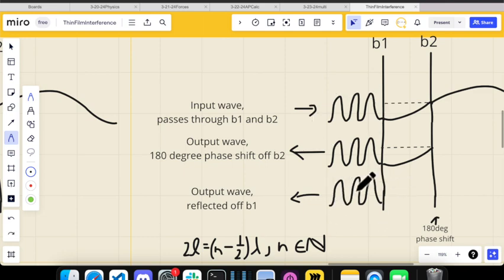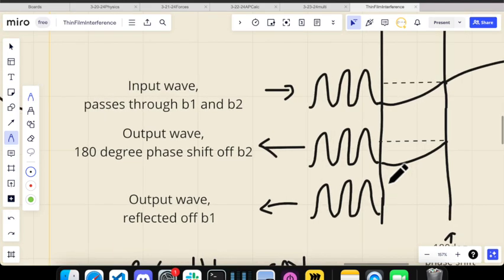It's traveling to the right, down, and if we were to keep traveling, it'd be going up and to the right. But instead of going up and to the right, now it's going to be going up and to the left. And so we get the same waveform. If we want it to constructively interfere, we want the same waveform to end up.